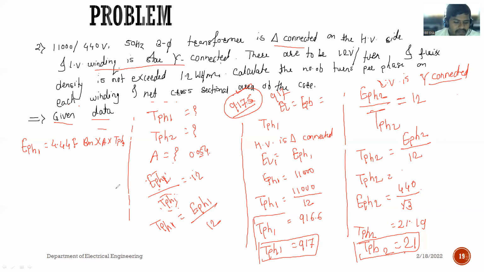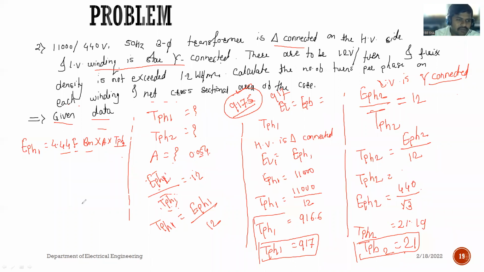Area same येईल. So EPH1 divided by TPH1, if we use 12, otherwise if we use 11,000, is equals to 4.44 into frequency into BM into TPH1. आपण ज्या कॅल्क्युलेट केले आहेत 917, कोणत्या जरी वेने गेला तरी आन्सर सेम येईल.